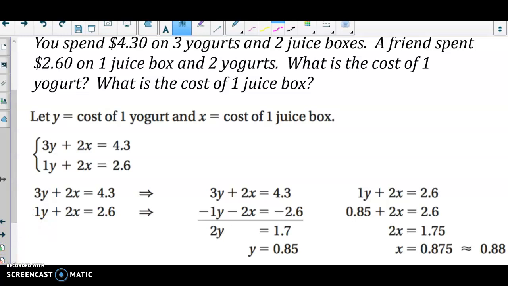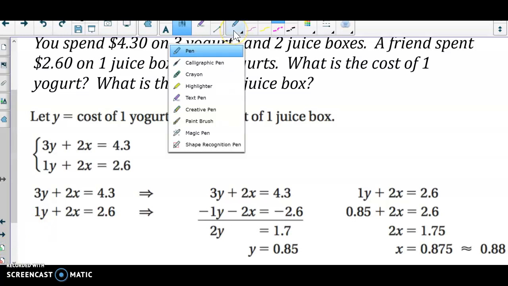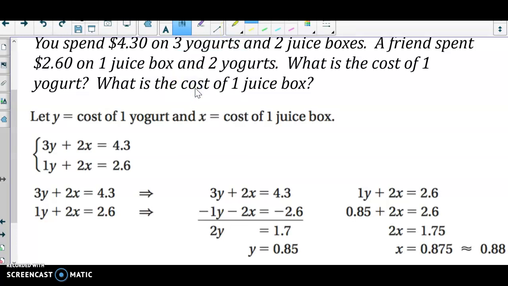Okay, I gotta be honest, it's at this point that I'm going to reveal my true colors. I was originally a businessman, so I hate turning everything into X and Y, but I can say, okay, if Y is yogurt and X is my juice box thing, things should line up really nicely. Except that we're looking at this case where it says 260 on one juice box.